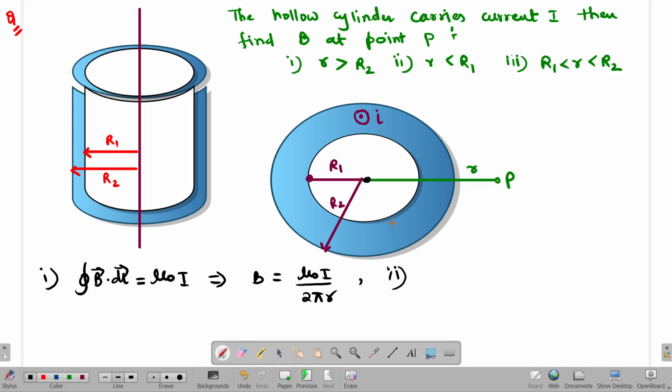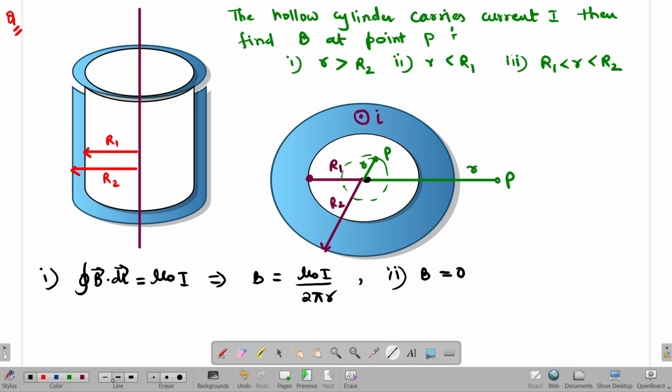Second case, when you consider a point P inside it. If I consider any Amperian loop over here, no current is enclosed. Zero. So B is 0 for the inside case. Third case is left.